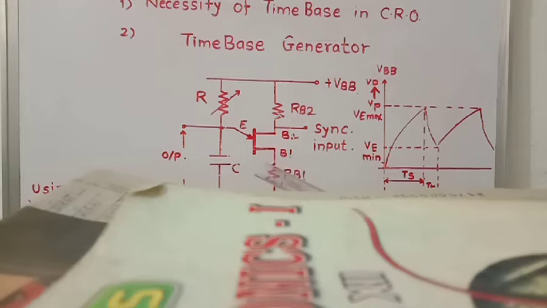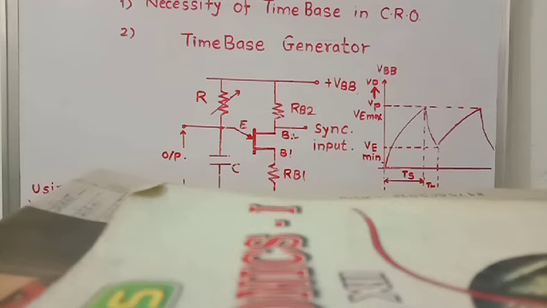Since this emitter base 1 junction is forward biased, its resistance, called RB1, decreases, and this provides a low resistance path for the capacitor. So the capacitor then rapidly discharges through this unijunction transistor, through the emitter base 1 junction.